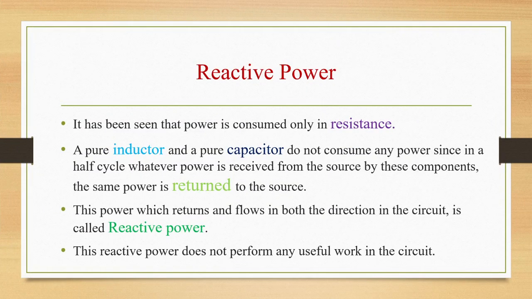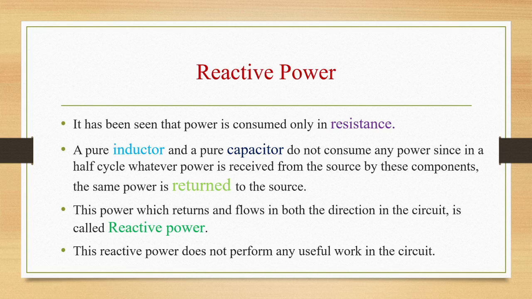Let us see reactive power in detail. It has been seen that power is consumed only in resistance, whereas in a pure inductor and pure capacitor, power is not consumed, because in half cycle whatever power is received from the source by these components, the same power will be returned back to the source.